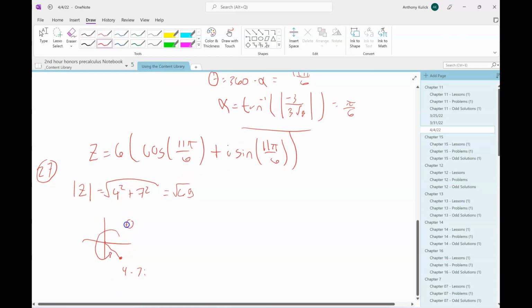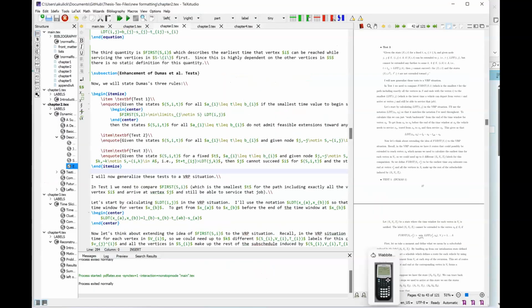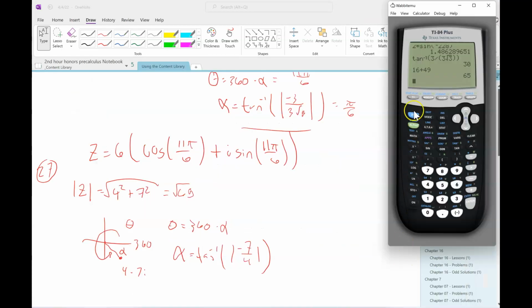So again, that's my theta, so that's alpha, and that's 360. So theta is again going to be 360 minus alpha, where alpha is tan inverse of the absolute value of negative 7 over 4. And we wanted that in radians mode, since we want our answer between 0 and 2 pi. So I guess I should probably write that as 2 pi, huh?